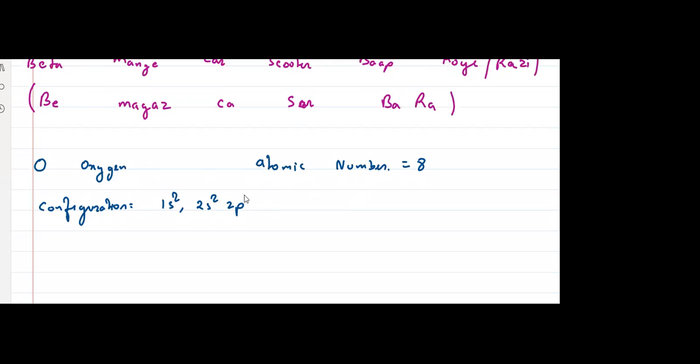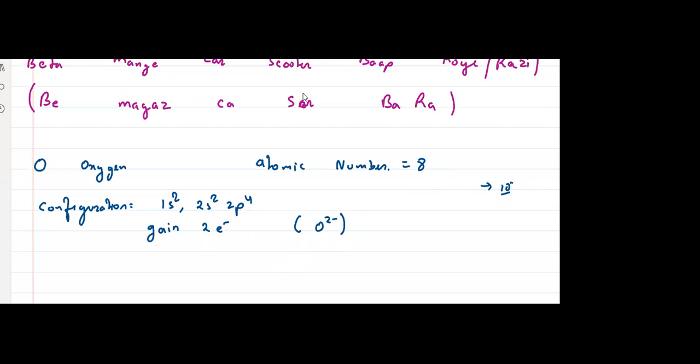Very good, Nabil, 2p4. So how many electrons does it require? Now it requires 2 electrons. It will gain 2 electrons, so it will become O2 minus. Yes or no? Because it has 8 electrons, it wants to become 10 electrons. Okay?